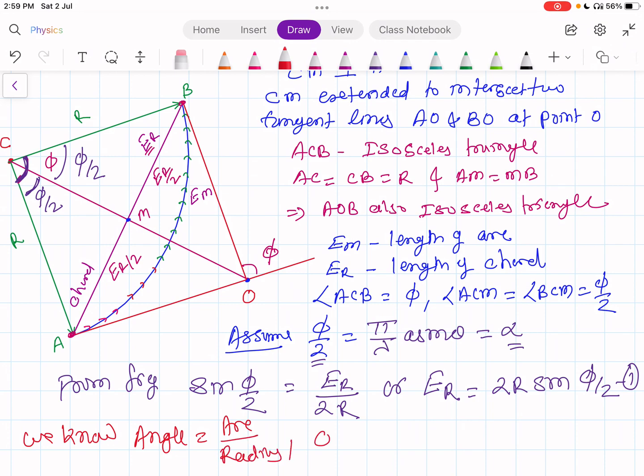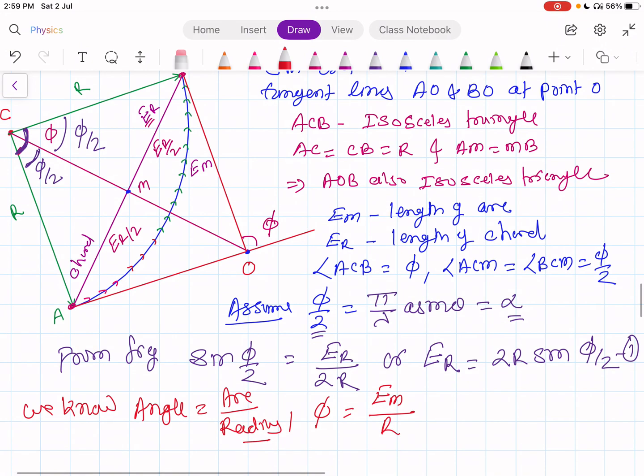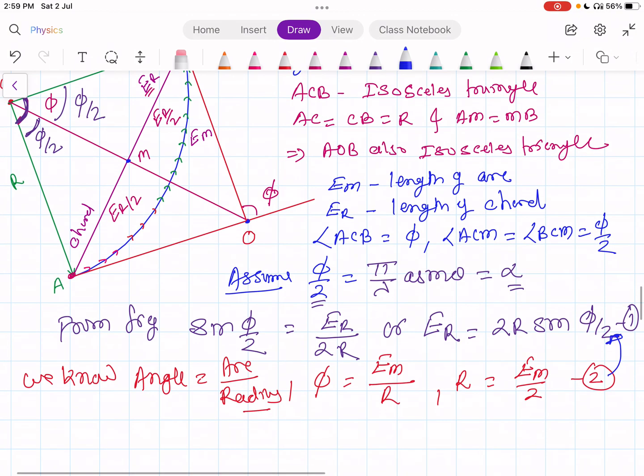In this case, angle is phi, the length of arc is EM, and radius is R. From this, we get R is equal to EM upon phi. This is our equation 2. Then let us substitute equation 2 in equation 1.